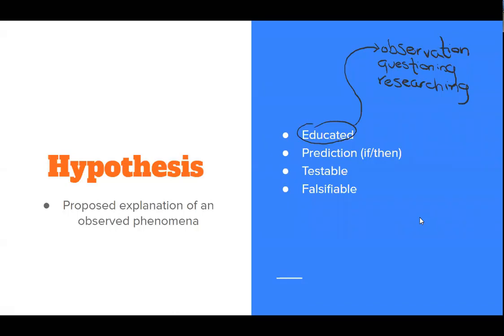And then we said it makes a prediction. An easy way to make a prediction is to use an if-then statement. Not the only way, but an easy way. We said it's testable, meaning there is some experiment we can design. And like we said before, it's falsifiable. There would be some outcome to our experiment that would prove our hypothesis wrong. This is just an overview.